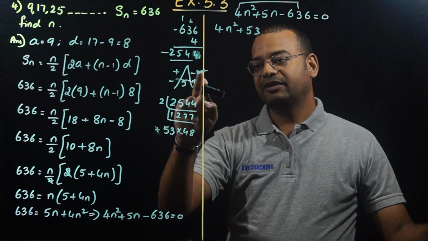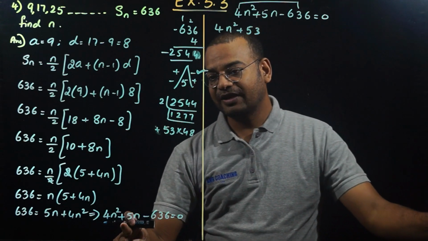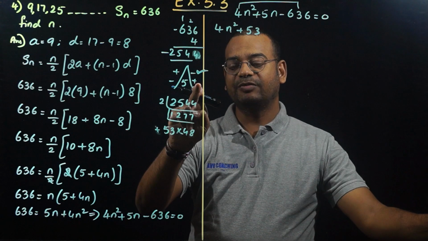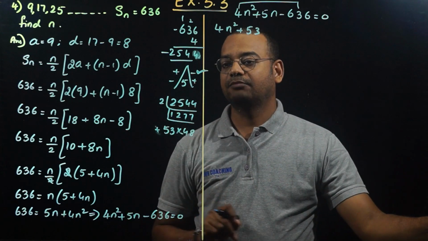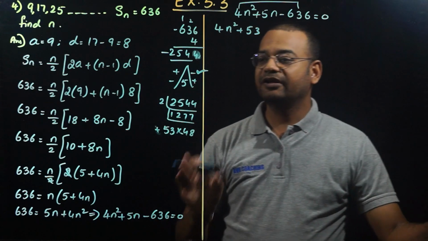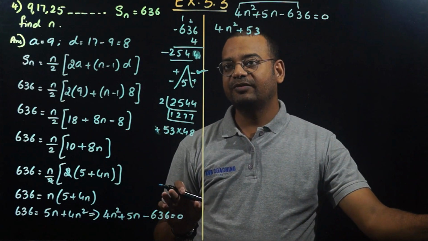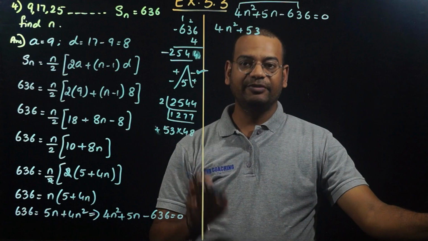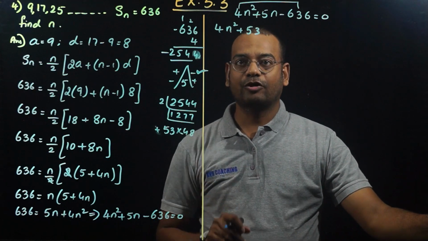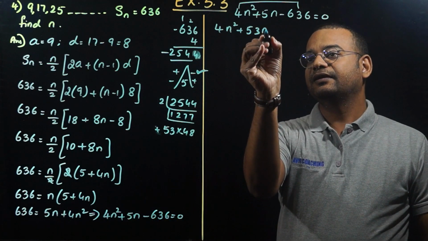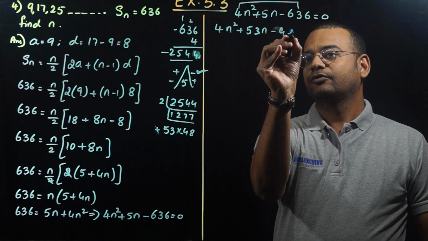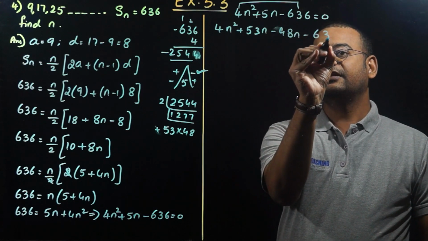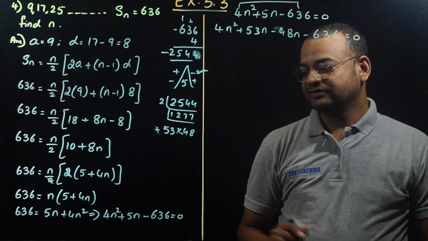If the middle term is minus, we have to take minus into plus. This prime factorization you can easily understand when you do quadratic equations. There I have clearly explained splitting of the middle term, that is factorization using the middle term, and also using the formula method. So this is 53n minus 48n minus 636 equal to 0.